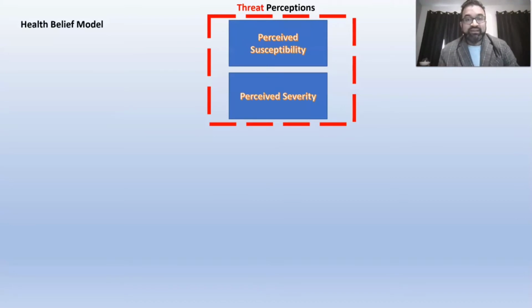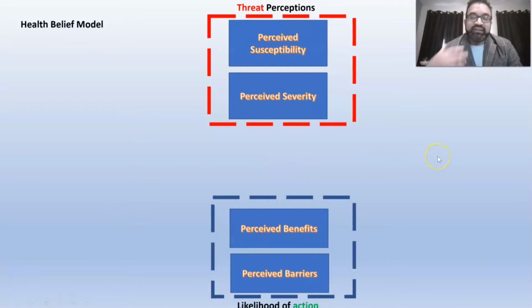And so what do they do as a result? Individuals and populations try to determine what the perceived barriers are when they try to engage in some sort of action, and what the perceived benefits are.